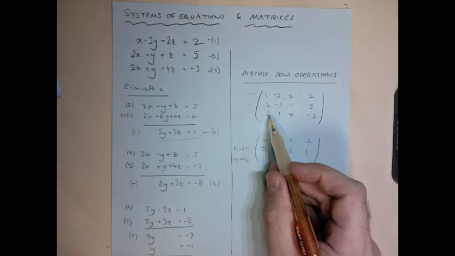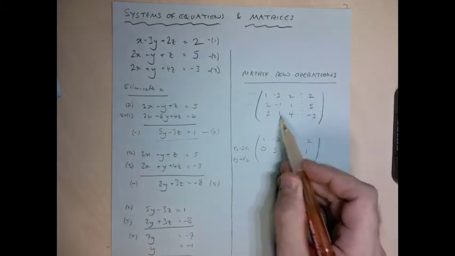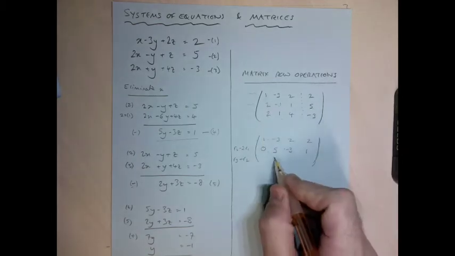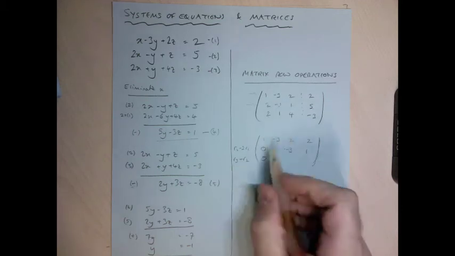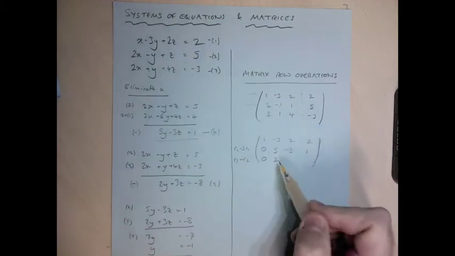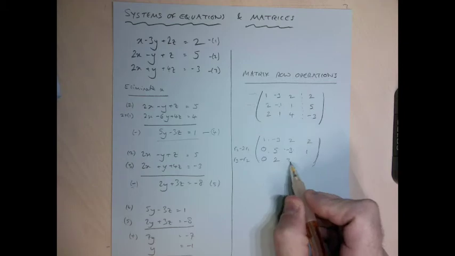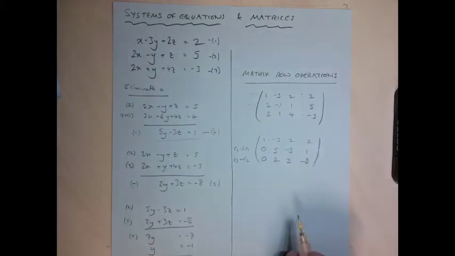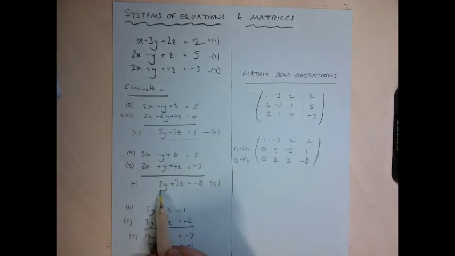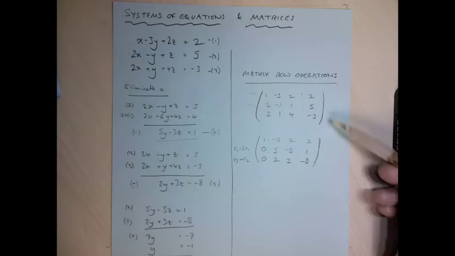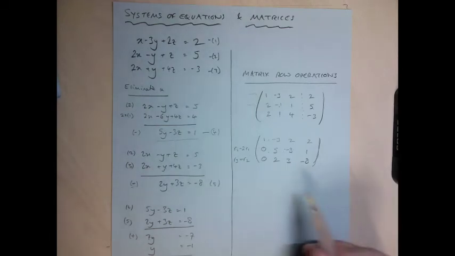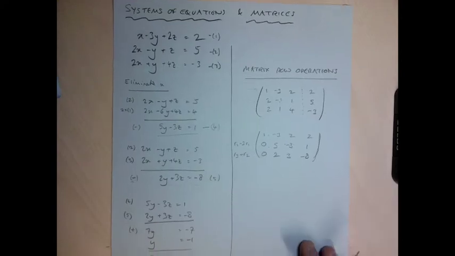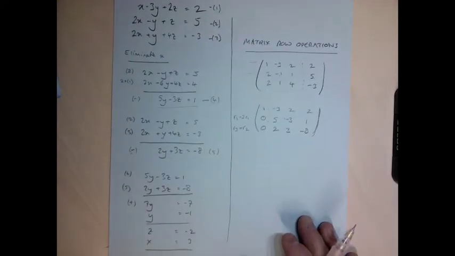So I've got 2 minus 2 is 0. 1 minus minus 1 is 2. 4 subtract 1 is 3. Minus 3 subtract 5 is minus 8. Again, you can see that's the equivalent of this statement here. In one step of writing, there's a bit of thought going on in there, but it's obviously a much more efficient way of recording what you're doing.